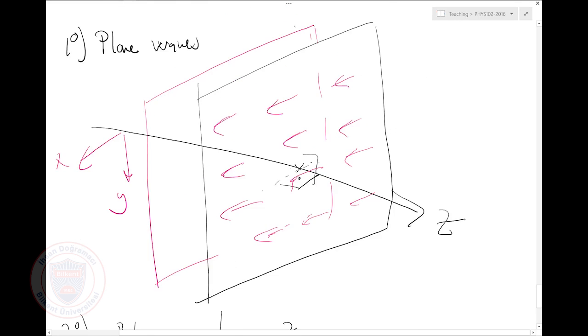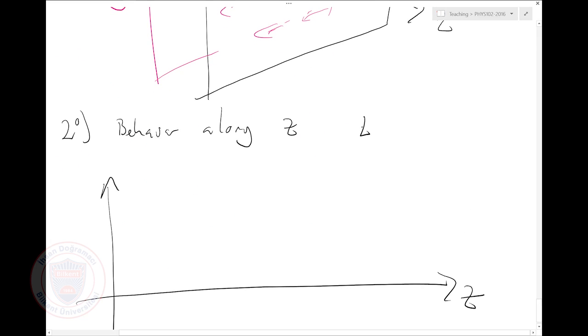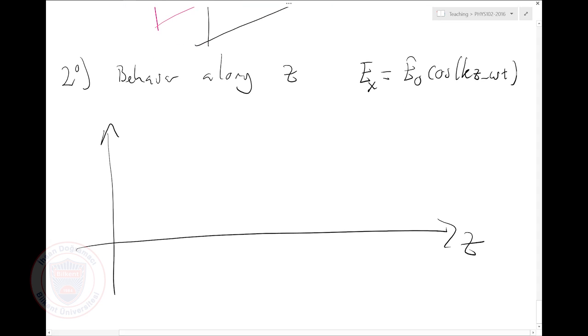Well, as a function of z, let me rewrite it. The x component of the electric field is E0 cosine of kz minus omega t. That depends on which time I'm plotting my function. Let me put t equals 0 first.